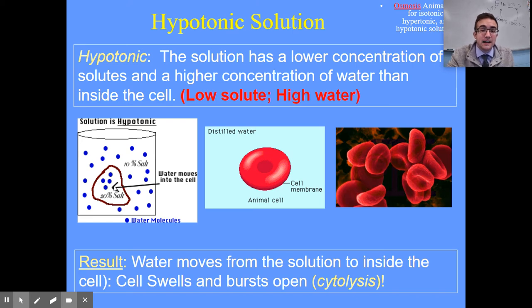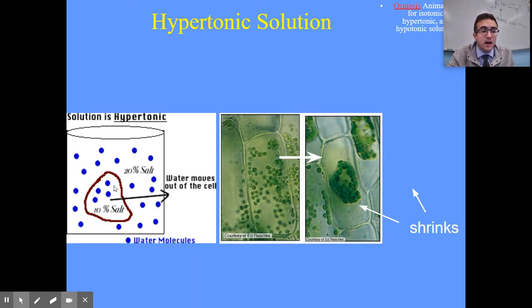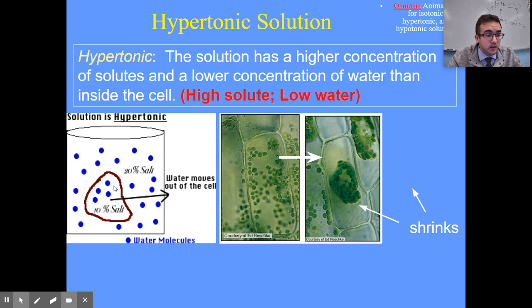Now we can have the opposite. We can have a hypertonic solution. Hypertonic is the opposite of hypotonic. Hypertonic is where the solution, our beaker of water, has a lower concentration of water and a higher concentration of solutes than inside the cell.